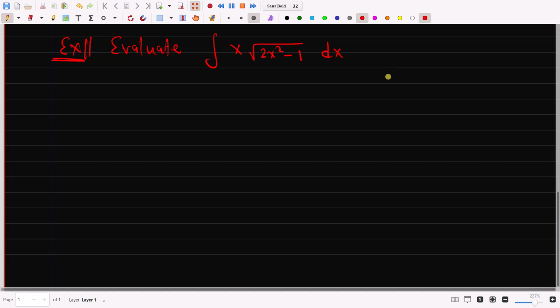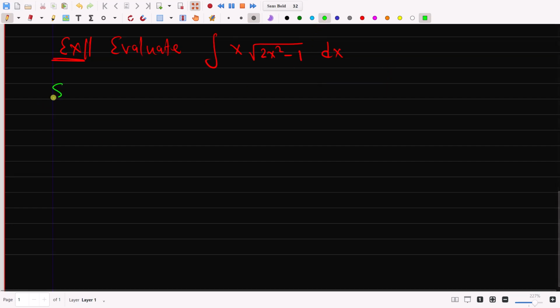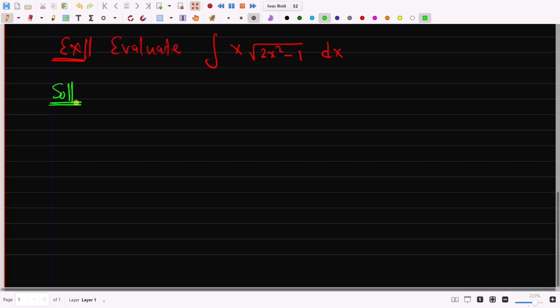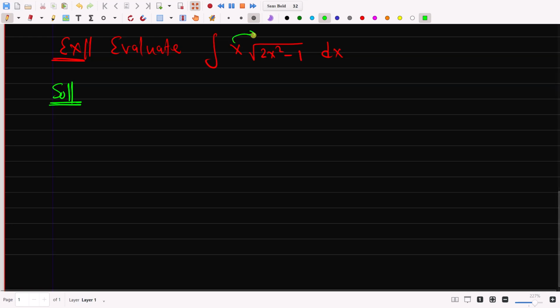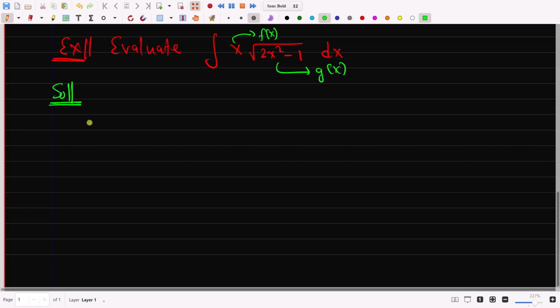So how do we deal with something like this? This is how we proceed. First you check these two functions. This one represents your function f of x, and this other one represents your function g of x.